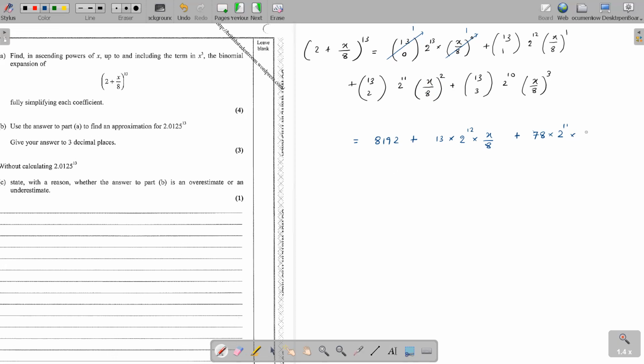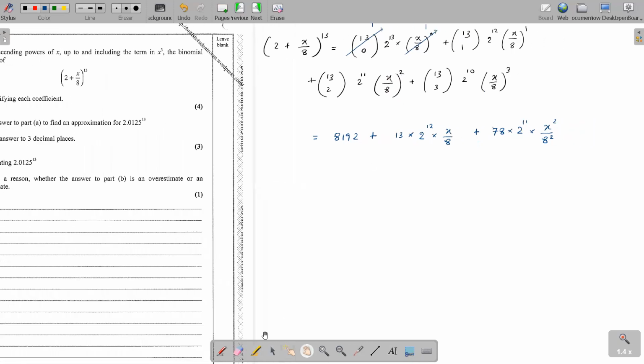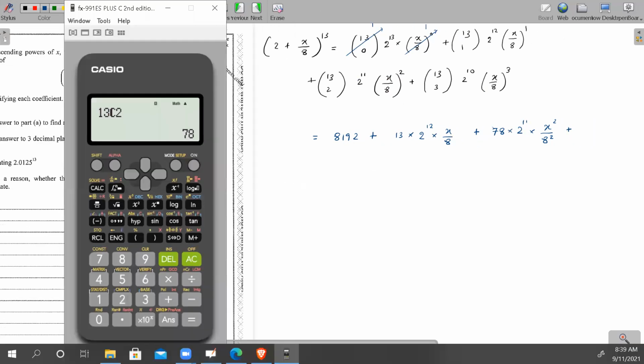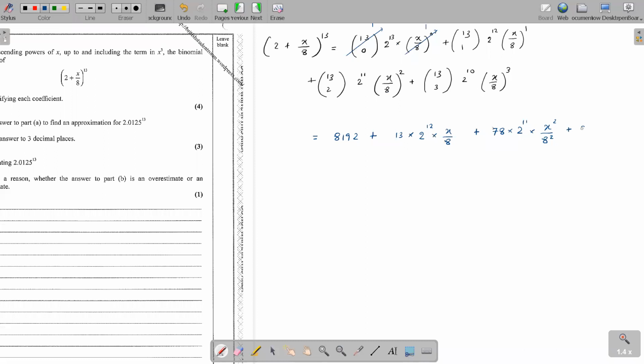So you get x square over 8 square. And the final figure, 13C3, which is 286, into 2 to the power 10, into x cube over 8 cube.